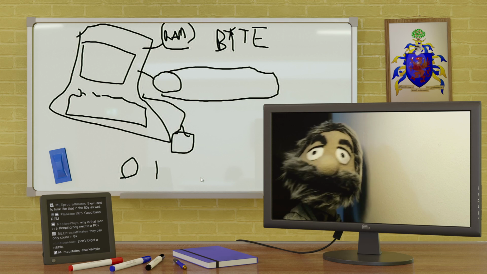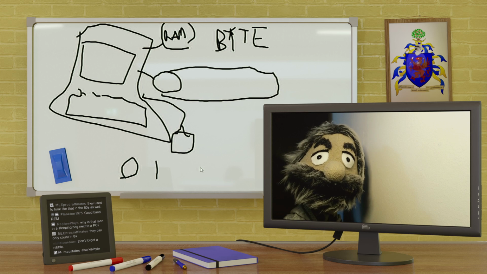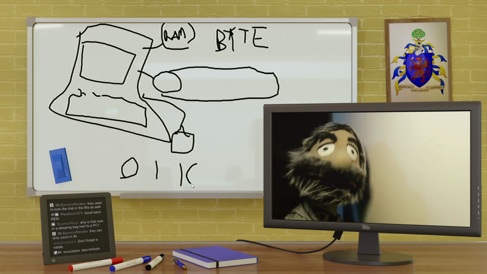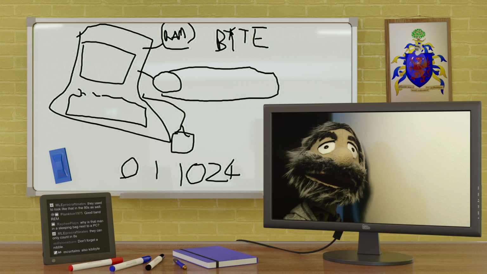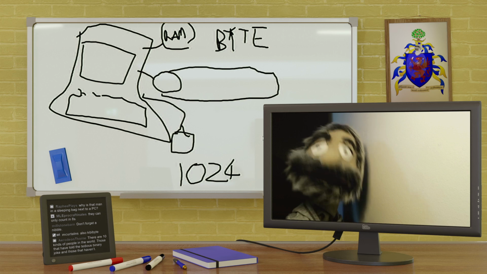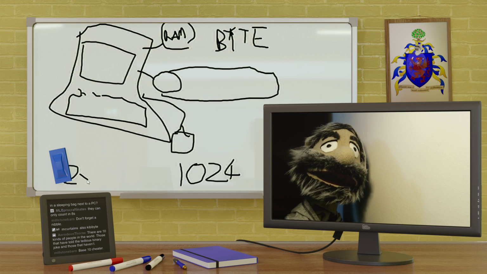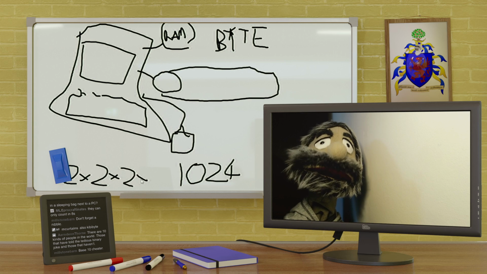Oh yes. So a kilobyte isn't, strictly speaking, 1,000 bytes, as you might think. It's actually 1,024 bytes, because 1,024 is the magic number. It's a binary number, which is to say there's a binary sequence of numbers, which are essentially 2 to various powers.